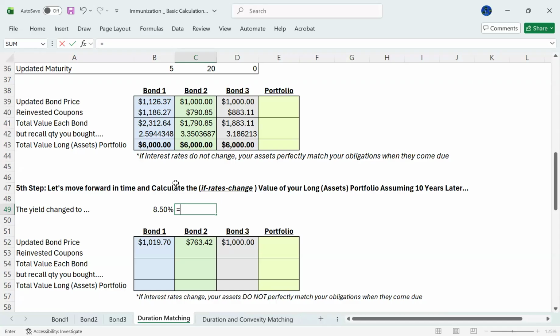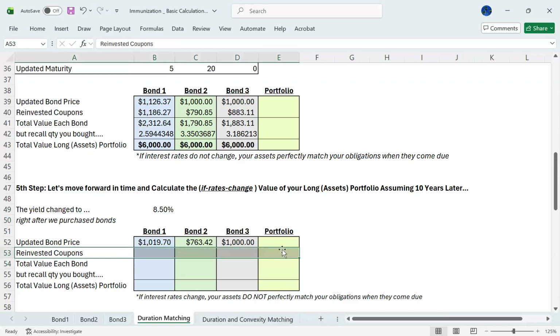You could relax this assumption to some extent by assuming that this yield is changing to 8.5 after the 10 years, but we are assuming that this is happening at the very beginning, right after we purchased the bonds. This is an important remark because it determines how we handle the coupons.